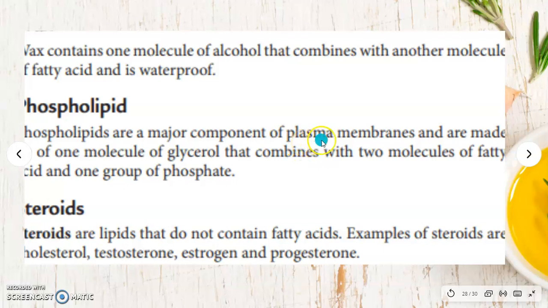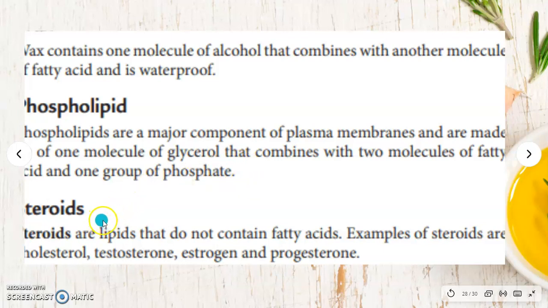It consists of two parts: a hydrophilic head and a hydrophobic tail. They are made up of one molecule of glycerol combined with two molecules of fatty acid and one phosphate group. This combination forms phospholipid.